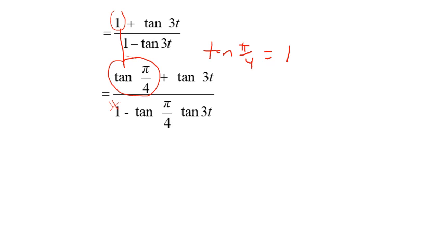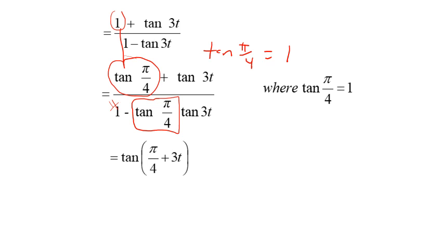And then here tangent, in order to make similar to the formula, so we have to multiply tangent pi over 4 together with tangent 3t at the below here. So with that, then we can relate with the compound angle of tangent.